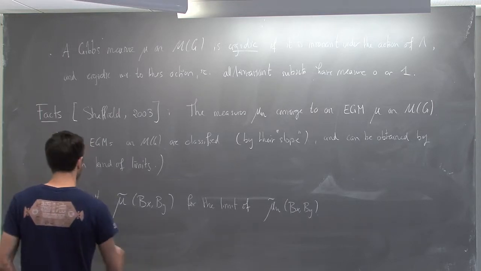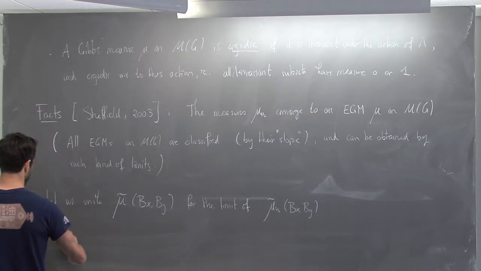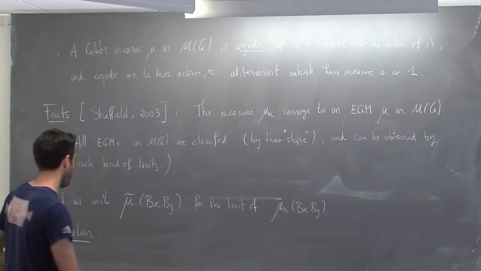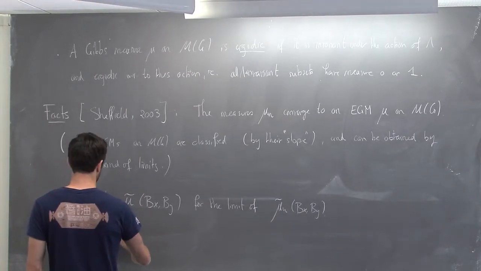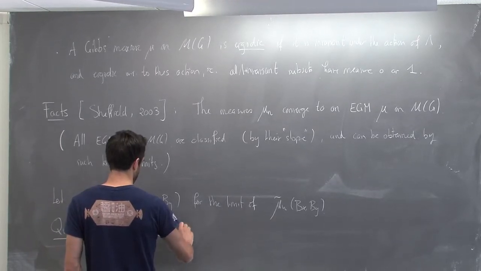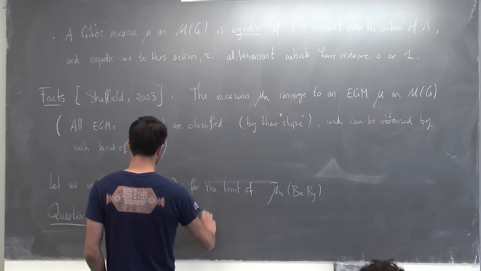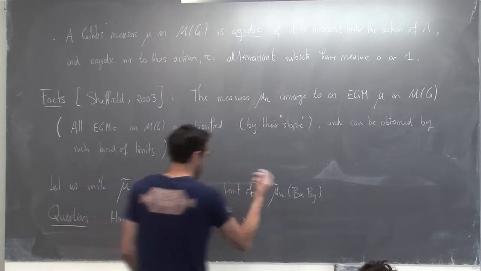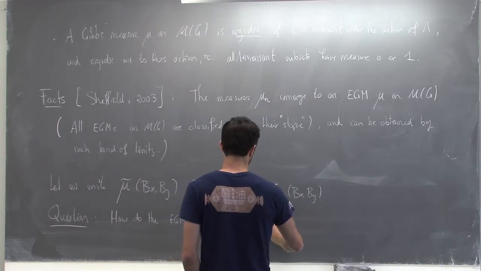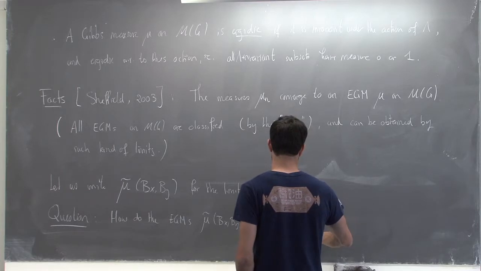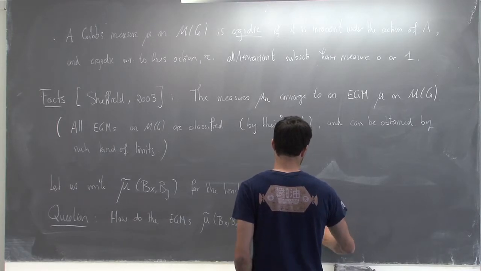And now I can phrase the question in a more precise way. How do the ergodic Gibbs measures mu tilde of Bx, By change or vary with Bx, By?